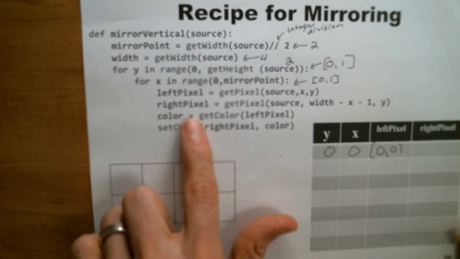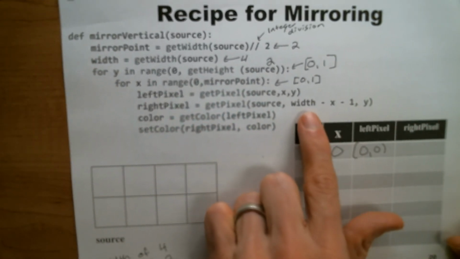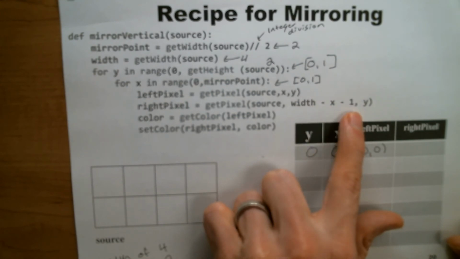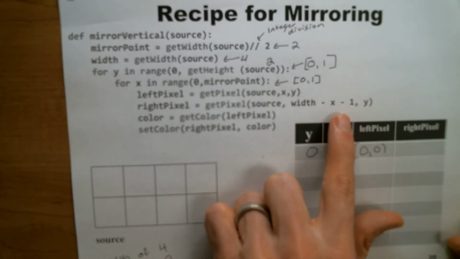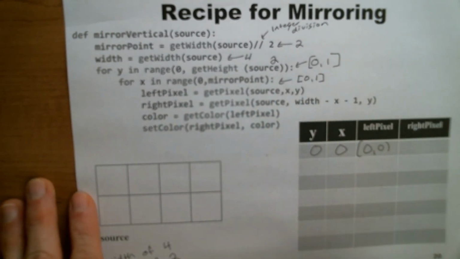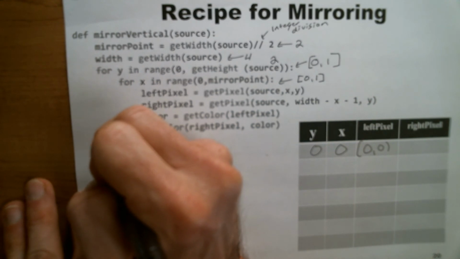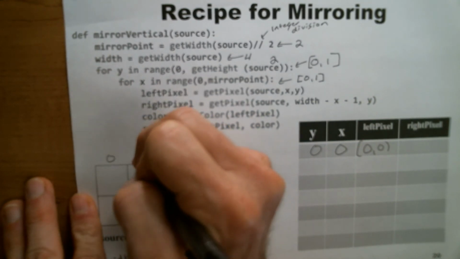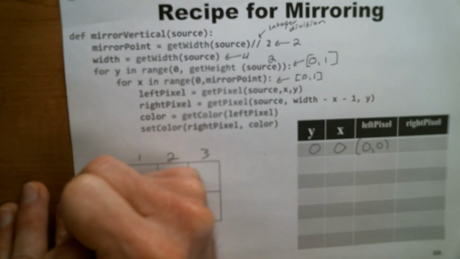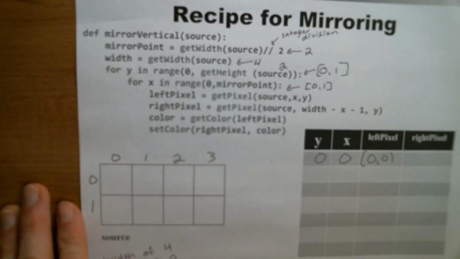Right pixel is going to be width minus x minus 1. Let's think about that for a second. The width is 4, but even though the width is 4, we know that pixels only go from 0, 1, 2, and 3. And even though the height's 2, we know they only go from 0 and 1.